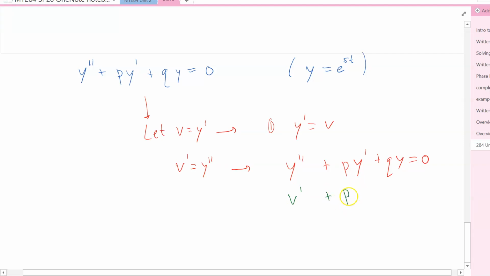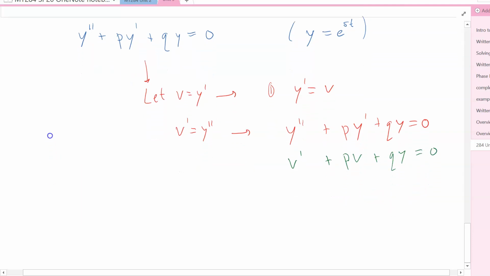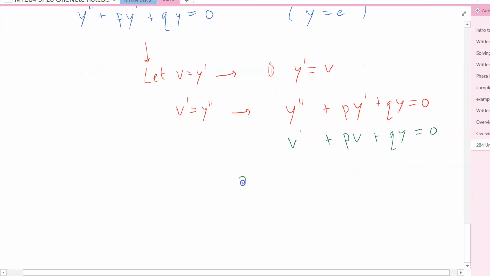Y prime is what v was defined to be equal to, so we get p times v plus qy equals 0. And then just rearranging that and solving it for v prime gives us the second equation in the system, which is that v prime is equal to negative q times y minus p times v.